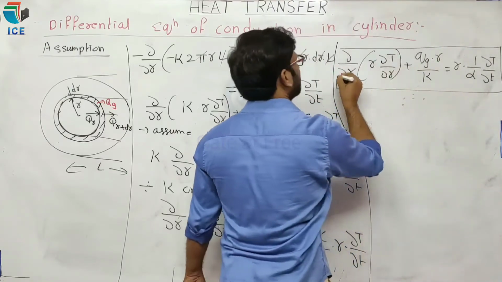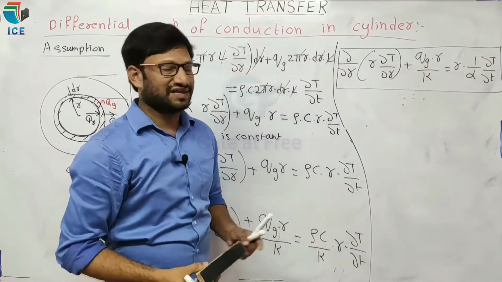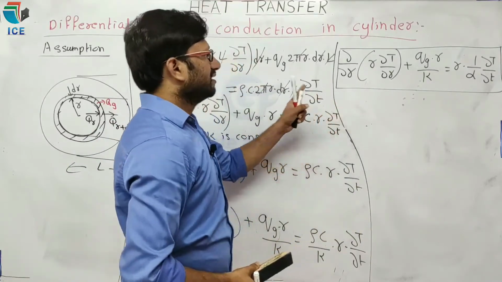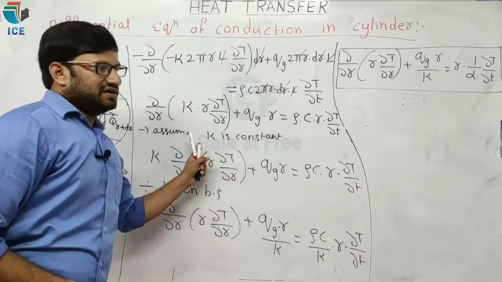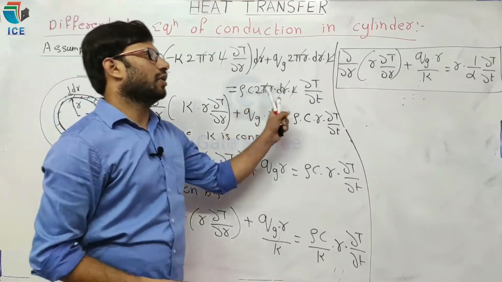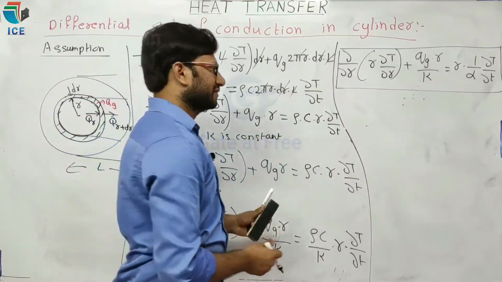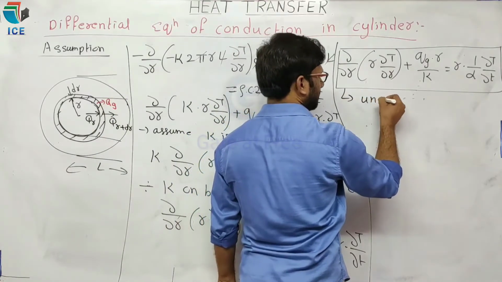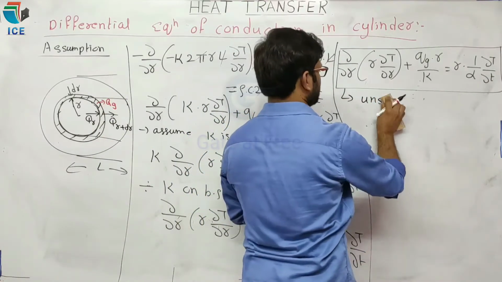Now this is the differential equation of the cylinder. What are the assumptions? K is constant, one dimensional flow, and unsteady state. These are the assumptions.